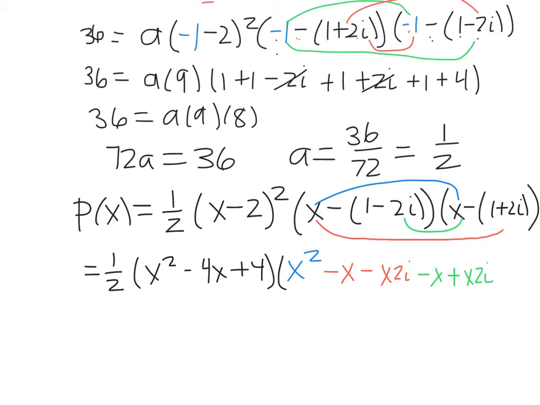And finally, the last terms. So we're multiplying complex conjugate times itself. So when we do that, we end up with 1 squared plus 2 squared, so that's 5. And it's a negative times a negative, so that's going to be a plus 5.